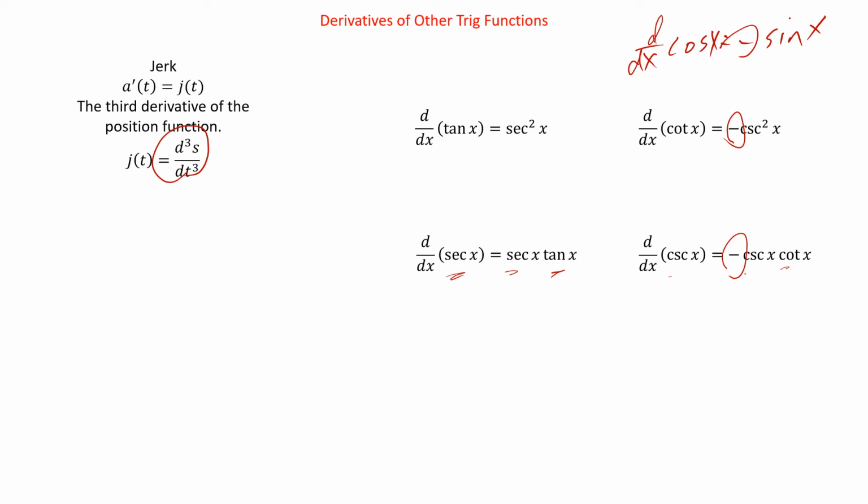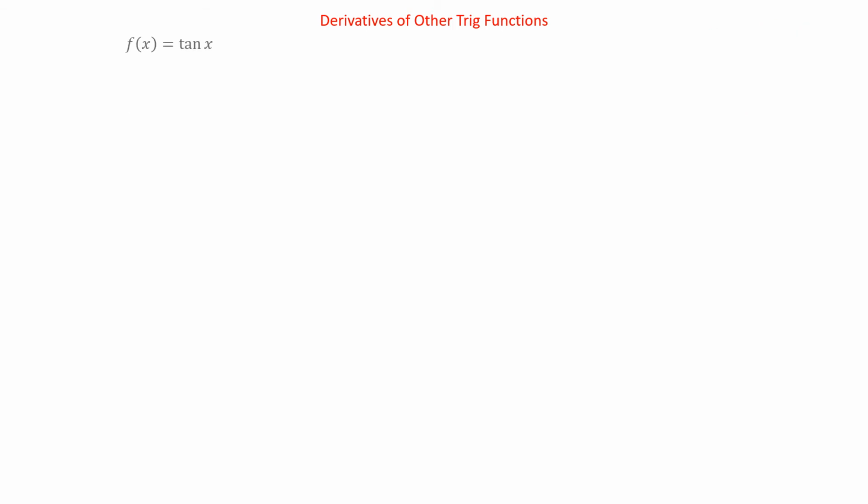So let's take a look at a couple of these. We're going to look at tangent, and then we'll look at cosecant. So tangent, we can rewrite as sine of x over cosine x, which means we have quotient rule. So u will equal sine x, v will equal cosine x, du, the derivative of sine, is cosine, dv, the derivative of cosine, is negative sine.